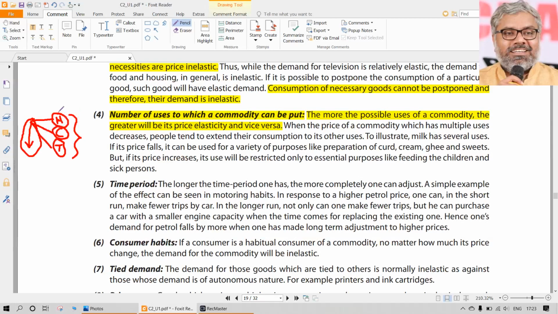They will be using the same commodity, which means it will have a greater price elasticity. When more possible uses are there, automatically the price elasticity will be greater, and of course vice versa also will apply.